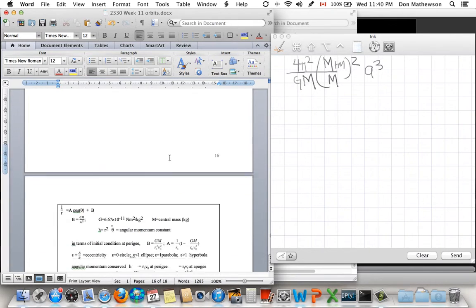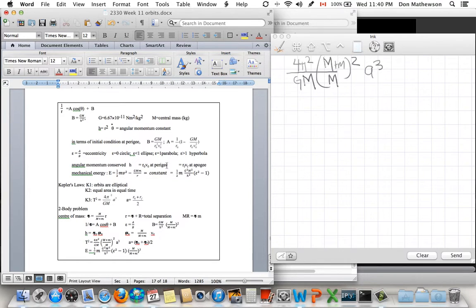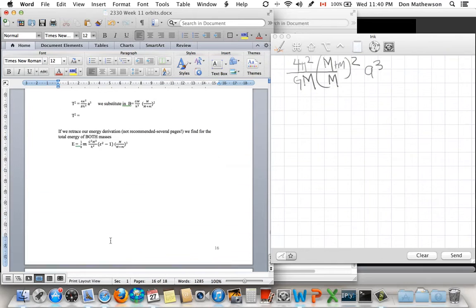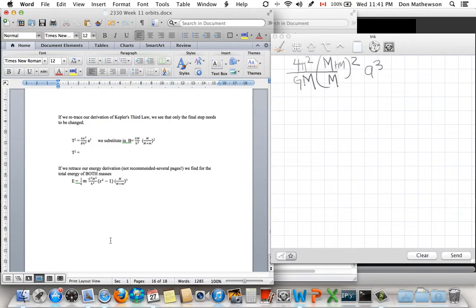So we've got essentially the same result for the period that we had before. Before it was just 4 pi squared over G big M times A cubed, but then we've got this other factor here, which we've seen comes up in the two-body problem. So there's a slight modification for Kepler's third law in the two-body problem.